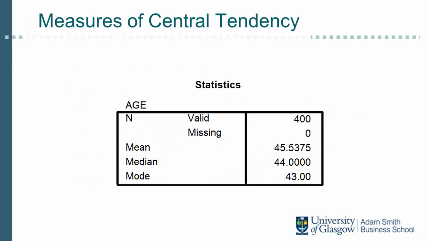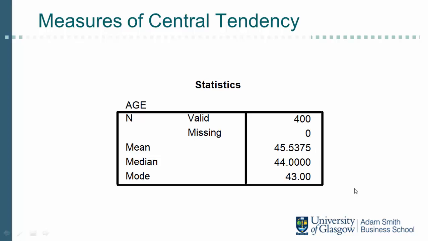These values can be easily gained from SPSS analysis, and I have included here the result of such analysis copied directly from an SPSS file, which included 400 respondents, and there were no missing variables in my data set. According to the analysis, the average age of my respondent is just over 45 years.